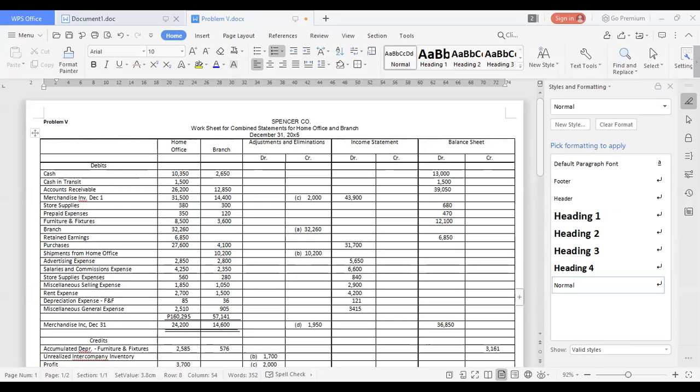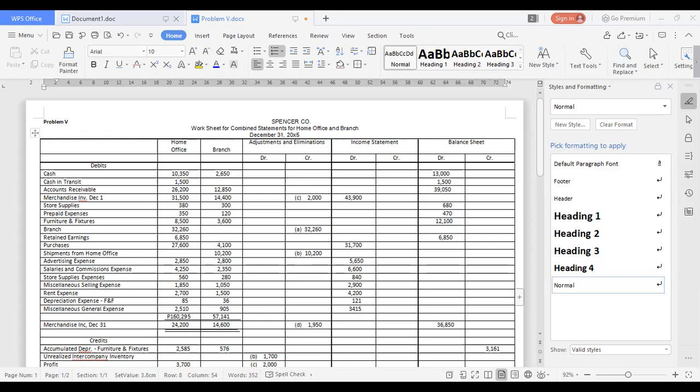On December 31, we have to close the nominal accounts with credit balances. So we now debit sales 44,850.